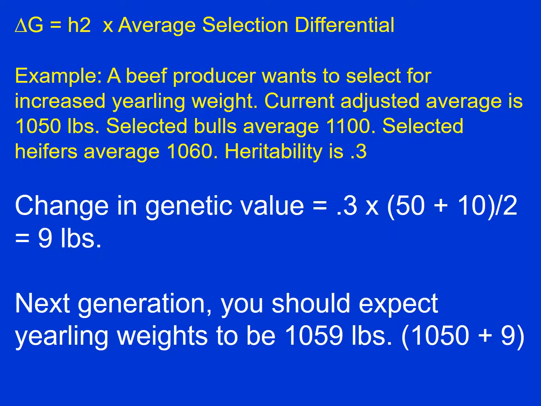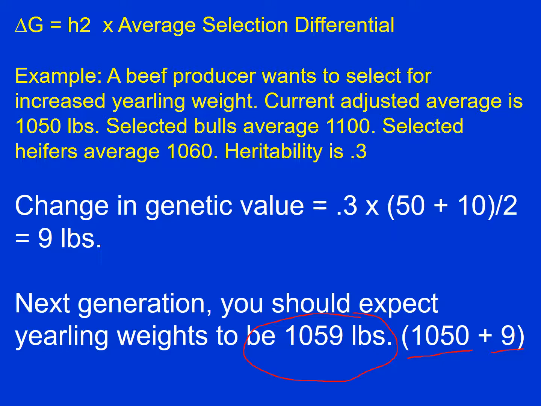So how much should those yearlings weigh next year? Well, the previous year we were at 1,050 plus the 9 pound genetic change. All other things being equal, we're going to expect that next year our animals at a year of age should weigh 1,059 pounds. But wait a minute.